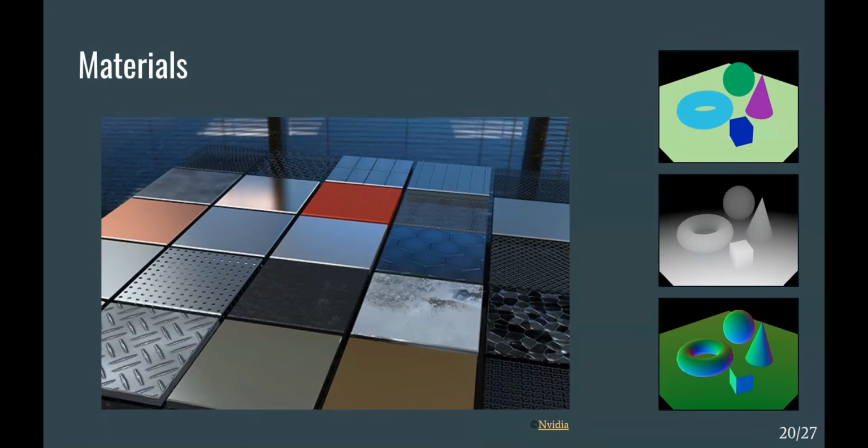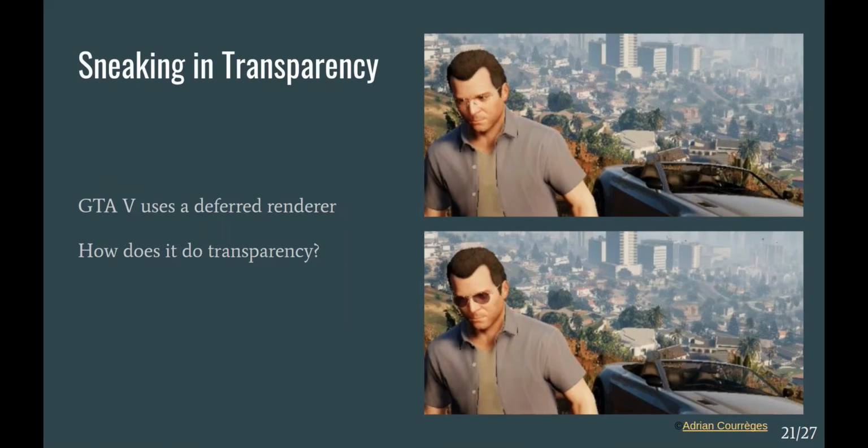I said before that transparency cannot be done in deferred rendering. But there are some cases where it seems to actually be done. GTA 5 uses a deferred renderer. However, it has transparent surfaces. How does it do this? What it does is it renders the entire scene without transparent surfaces using its fancy deferred renderer very quickly.